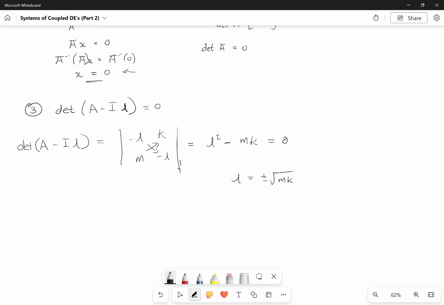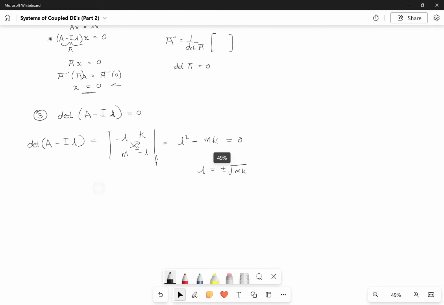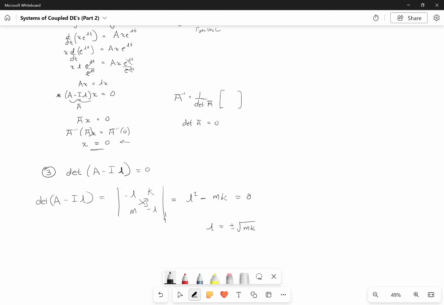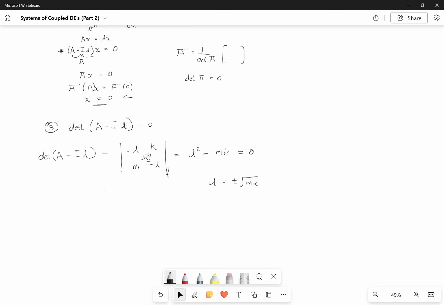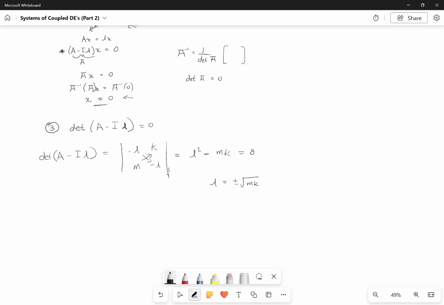Well, we're going to take the lambdas. For each of the lambdas, we're going to get an eigenvector from this start equation, number 1. All right, so let's plug that in. For the eigenvalue, we'll start with the positive square root of mk.